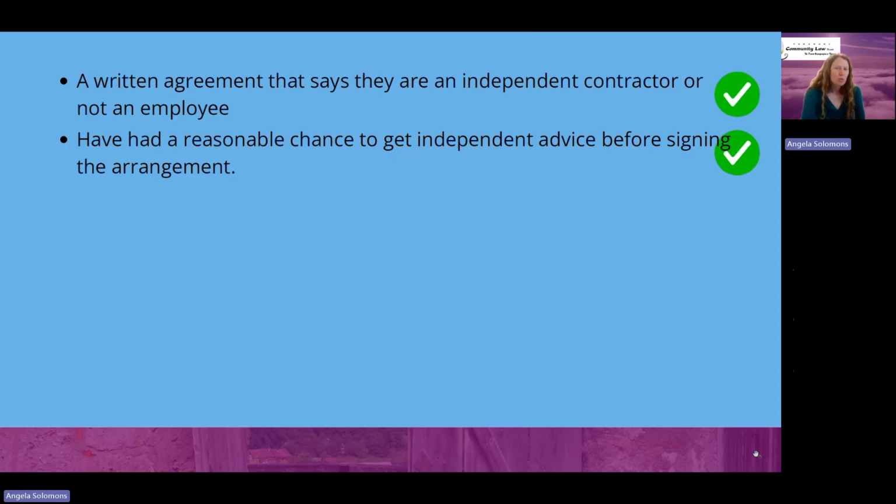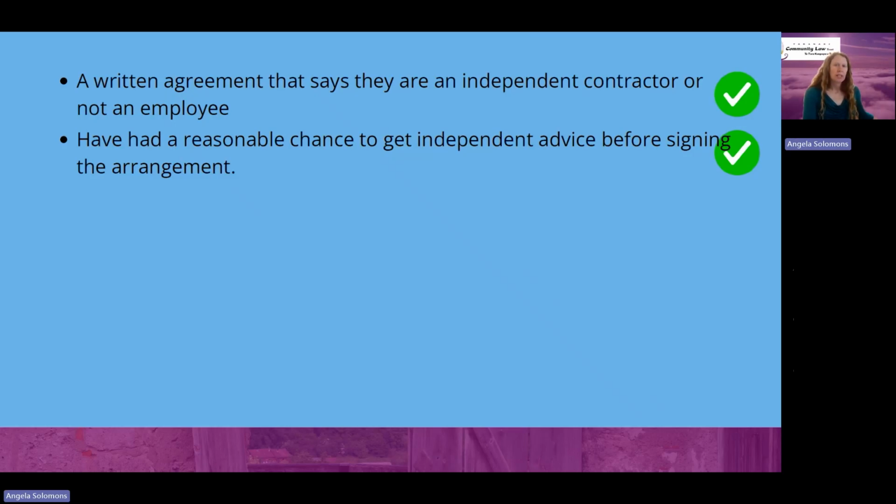A reasonable chance, it's not otherwise defined in the Act. It is likely to be a similar kind of reasonable chance as is currently in employment law. So that's about 48 hours to take something away, read over it, and then get back to somebody. It does mean not signing it then and there. If you're signing something then and there, you wouldn't be meeting this criteria of a reasonable chance.